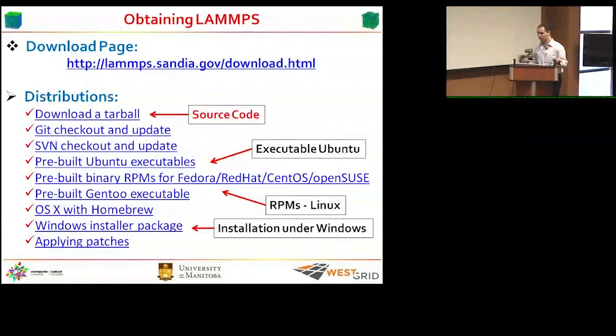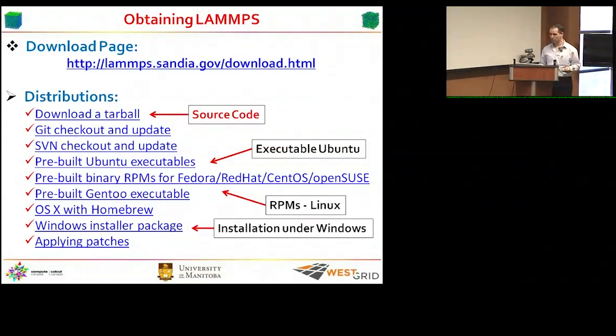So how to obtain LAMMPS? You just have to go to the download page, download the code, and there are many possibilities. You can download the source code, the tarball source code. You can also download the pre-built executables, which are RPMs for Fedora, Red Hat, CentOS, or OpenSUSE, depending on your environment.